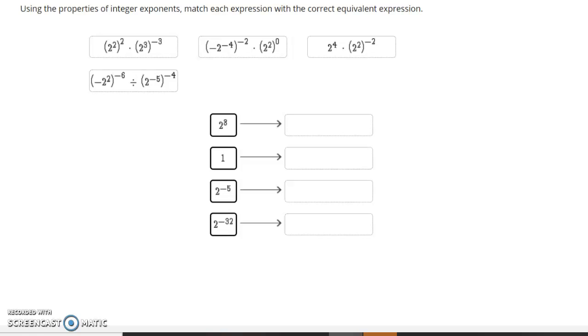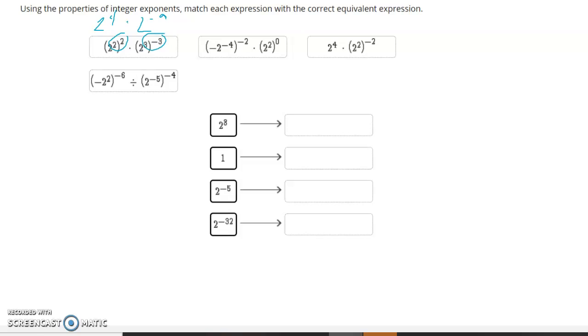So again, remember, when it's a power raised to a power, that's when we use multiplication. So 2 times 2 is 4, so that's 2 to the fourth power, times, we have 3 times negative 3, which is 2 to the negative ninth power. Now we can use our integer rule for exponents.